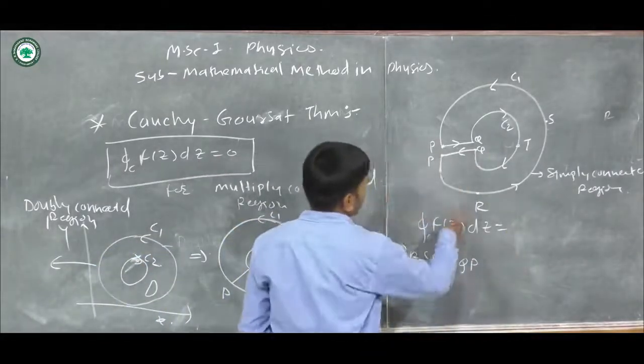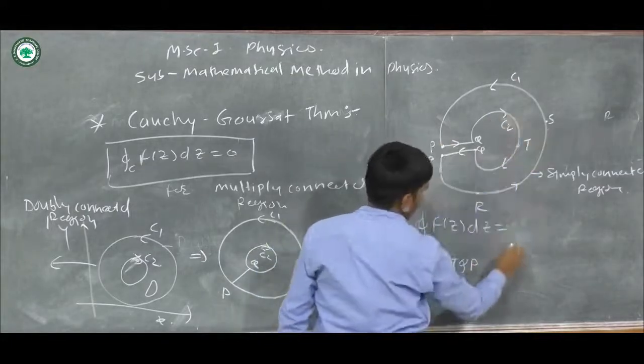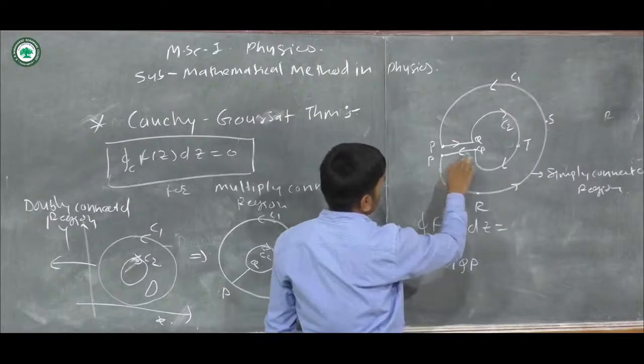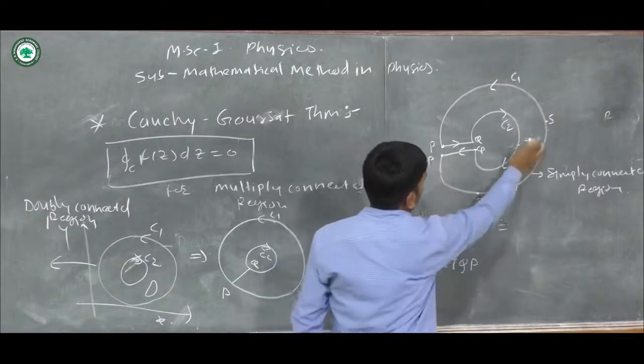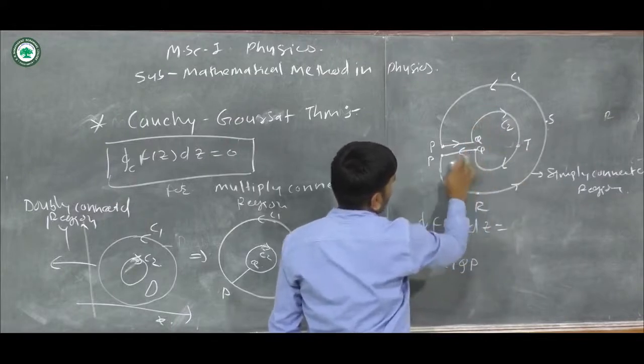First, from P, S and P, this is now divided into parts. This is one part, C1, this is a second part, this is a third, and this is a fourth part.